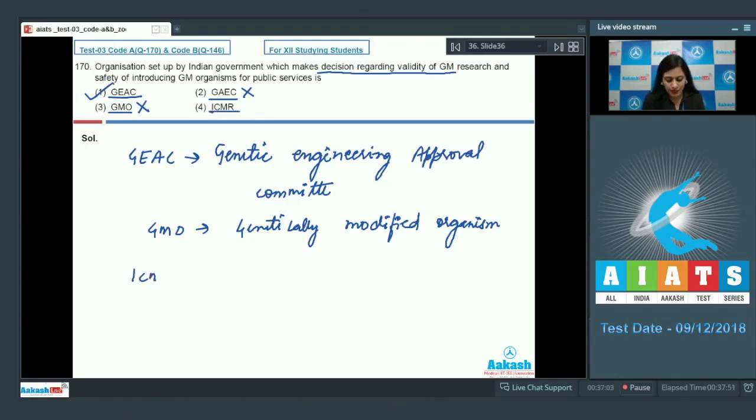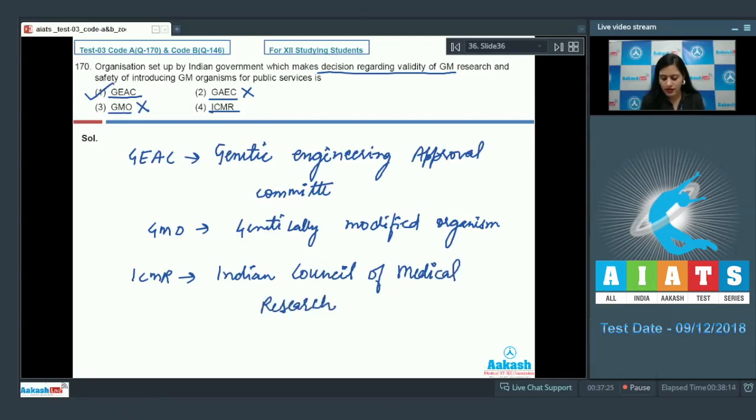And ICMR stands for Indian Council of Medical Research. And it is an institute and not an organization which makes decisions regarding validity of these genetically modified organisms. So this is an incorrect option. So the correct answer for this question is option number 1. Let's proceed to the next question.